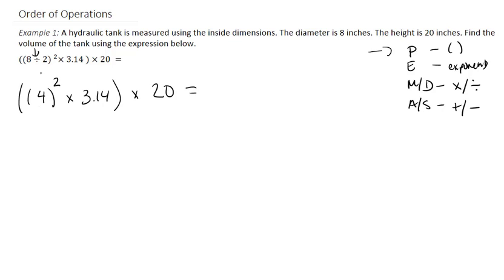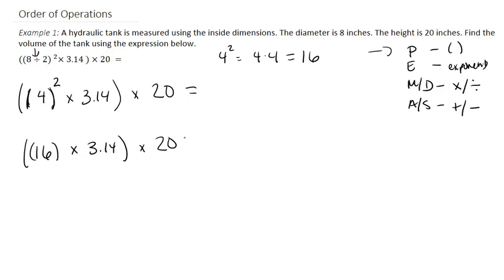We've done everything inside this parentheses, except we can deal with this exponent because it's attached to this parentheses. So 4 squared is really just 4 times 4, which is equal to 16. So let's do that. So we have 16 times 3.14, then times 20. So we have dealt with the parentheses of this first one.